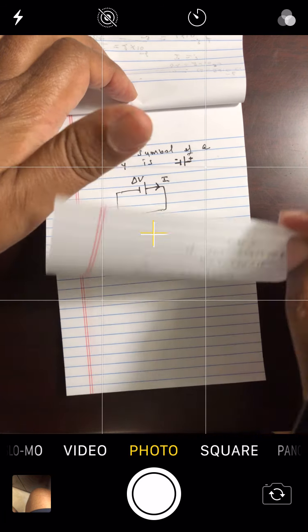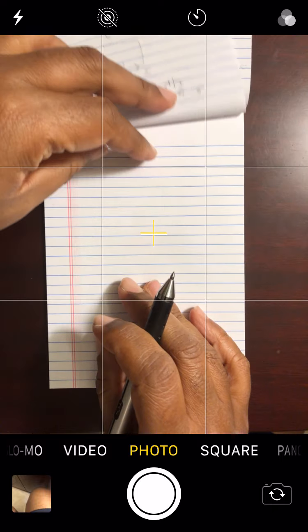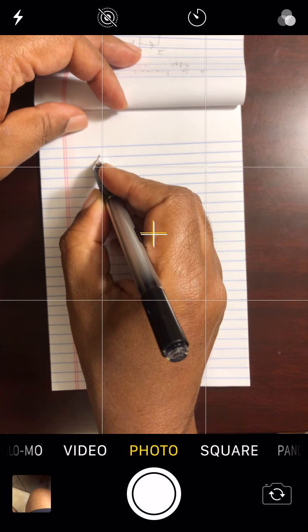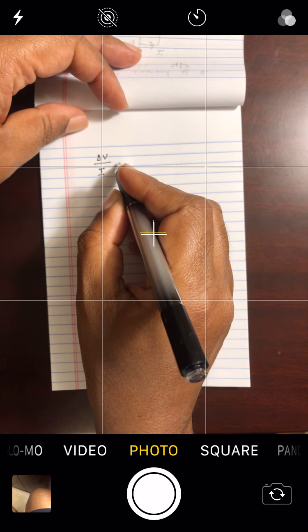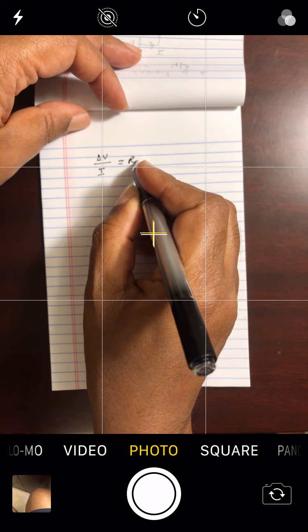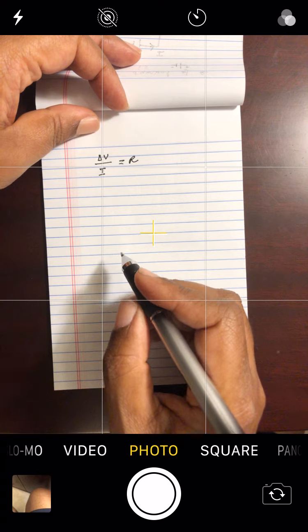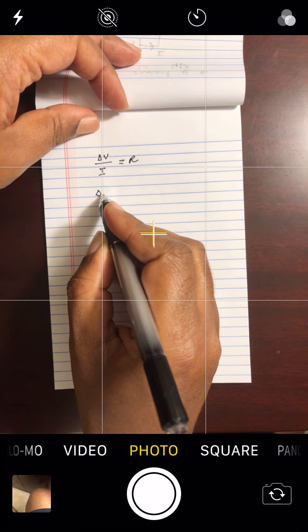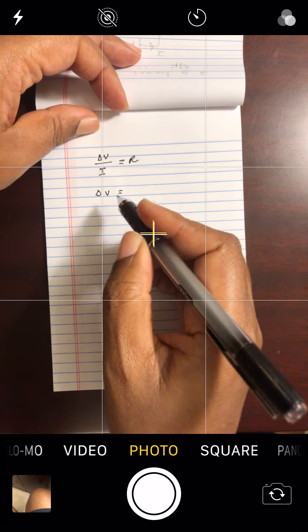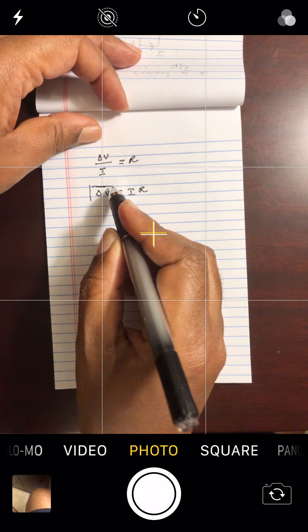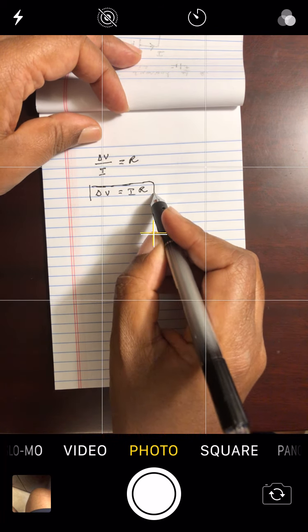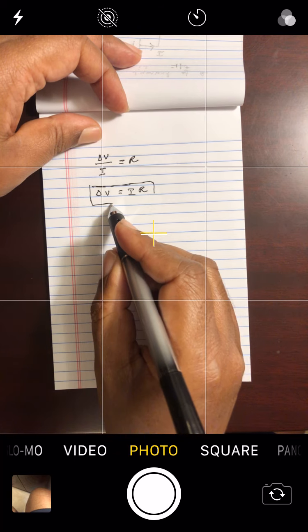So Ohm's law can be written as follows. The ratio between potential difference and the current through the resistor is equal to the resistance of the resistor. But this is customarily written as potential difference through resistor equals current times the resistance of the resistor. So this is a mathematical statement of Ohm's law.